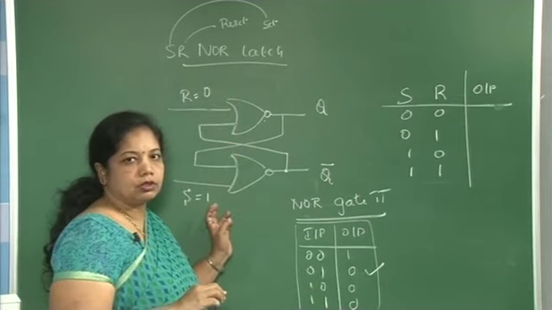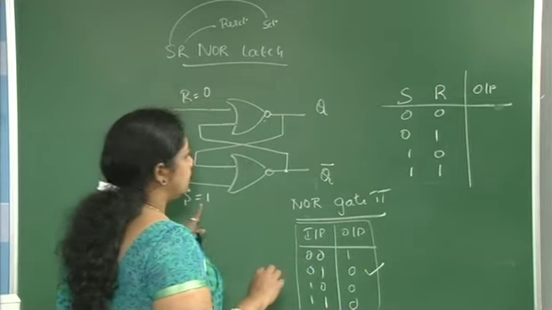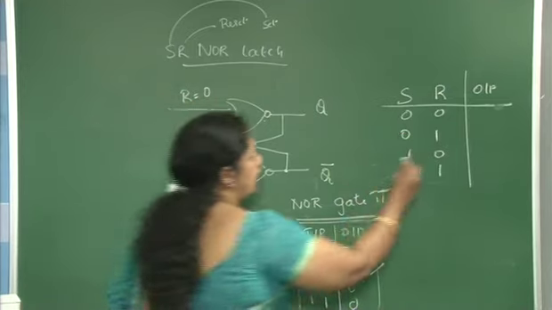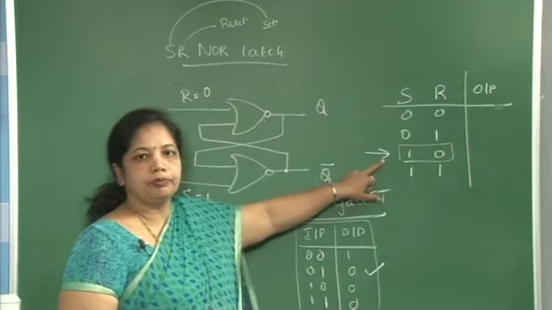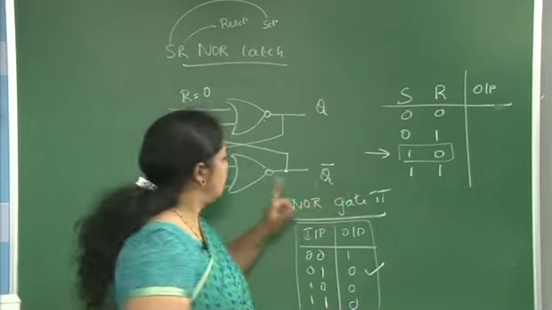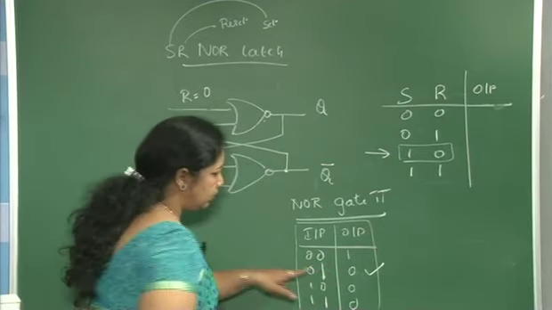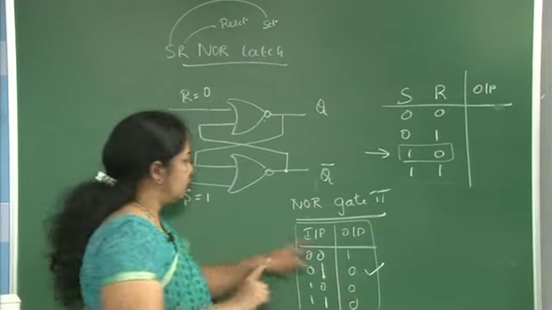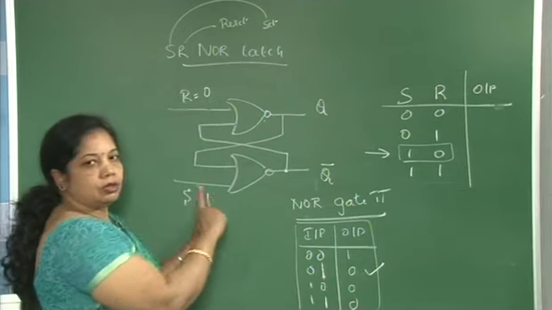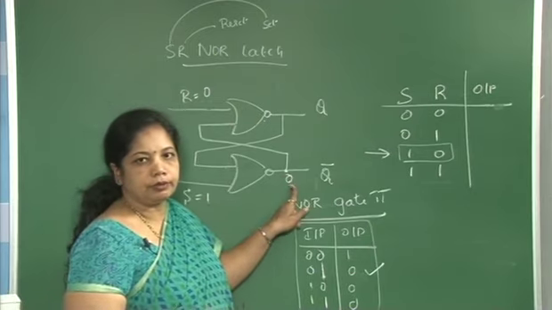We are discussing this combination. As we discussed, if any of the inputs to the NOR gate is 1, then my output is 0. My input over here is 1, so obviously my output will be 0 here.